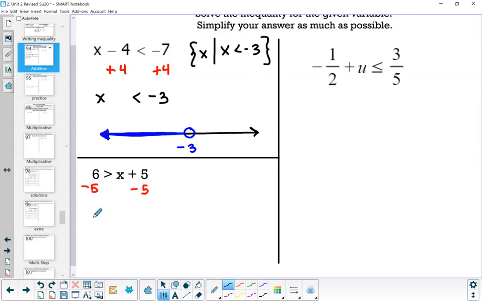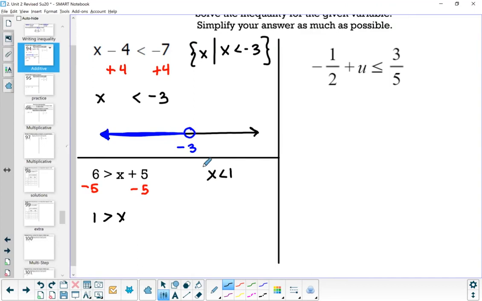That gives me 1 is greater than x. I don't need to write the 0 there. I'm going to flip this so that it reads x is less than 1. I want to write it in that form because that allows me to understand it better.